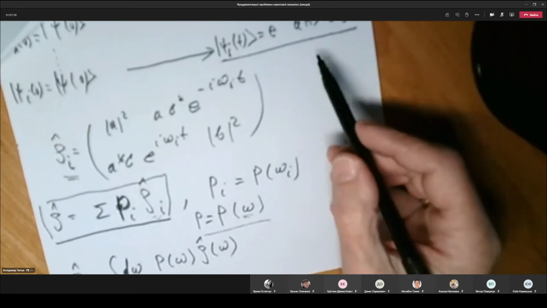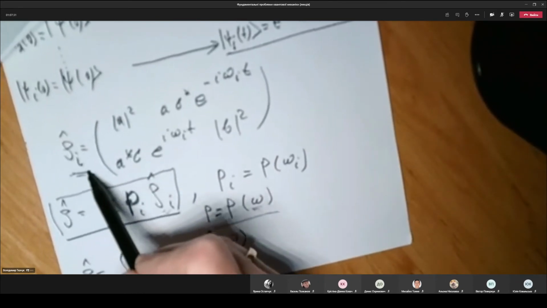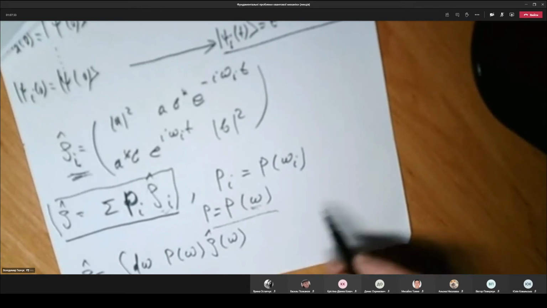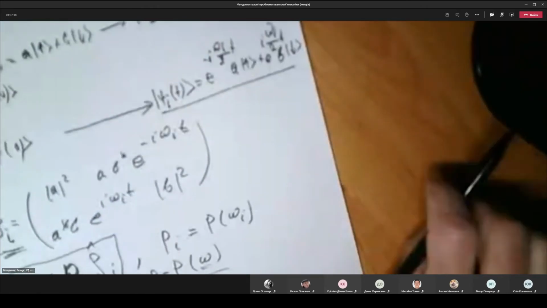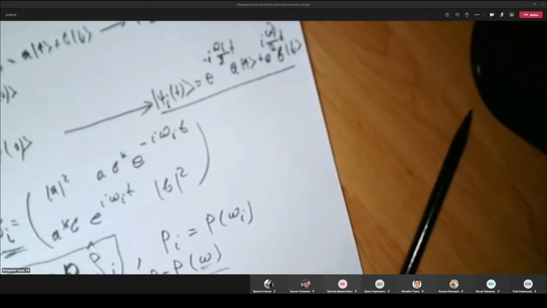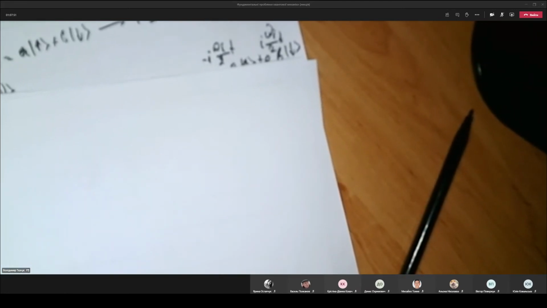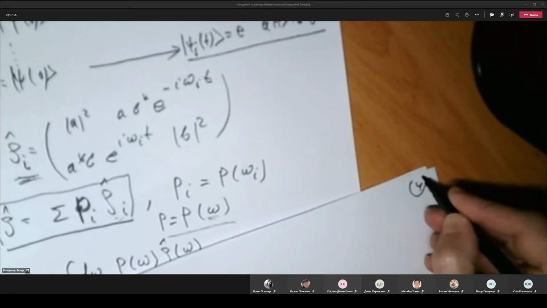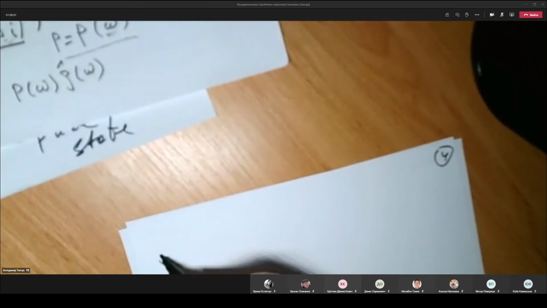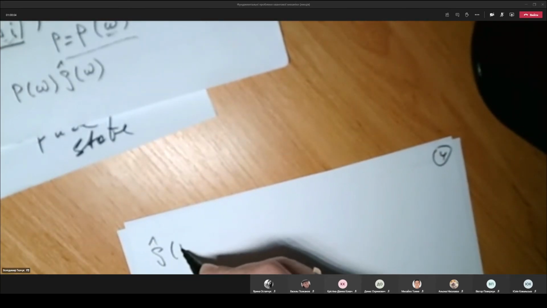So when we use this result, we can continue and write the density matrix rho as a function of t.